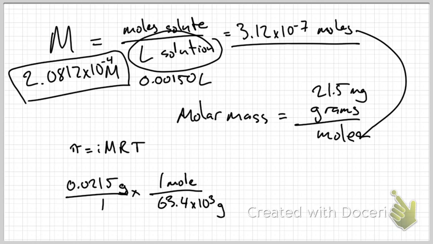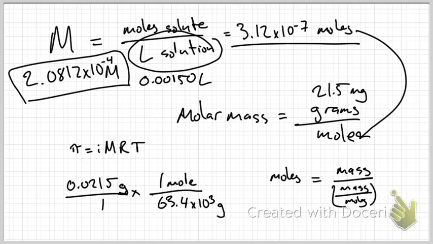So big picture, you guys have been working some problems on your own, but I want you to think about what's hidden within those units, right? We're talking about molarity, moles of solute per liters of solution. And if we just go back to what we had on the last page, in essence, what we're saying is that the moles of solute is the mass divided by the molar mass.